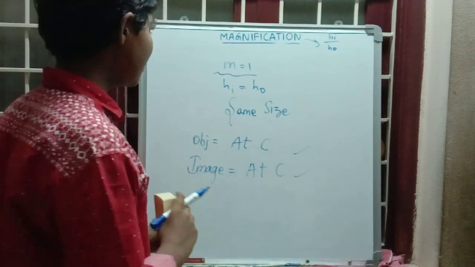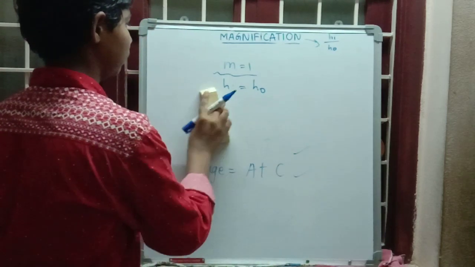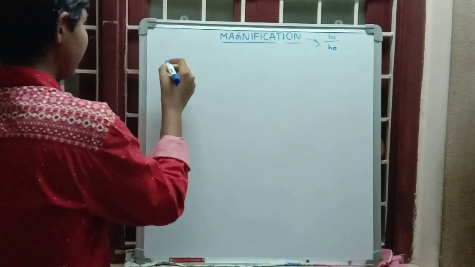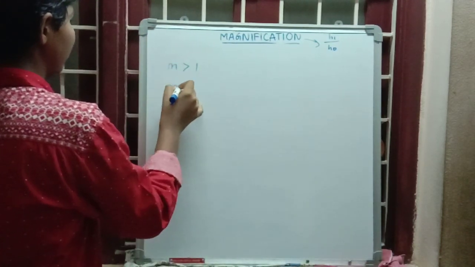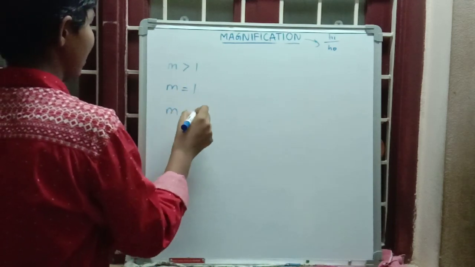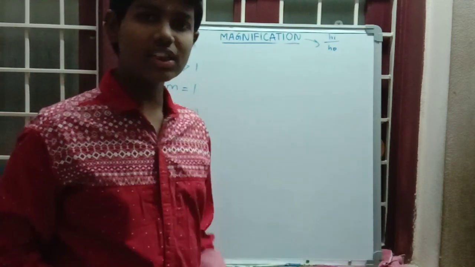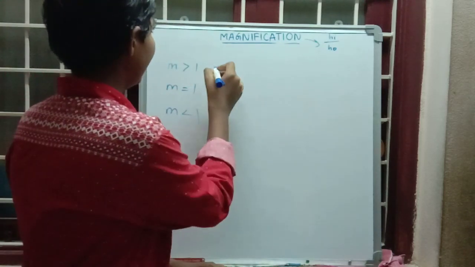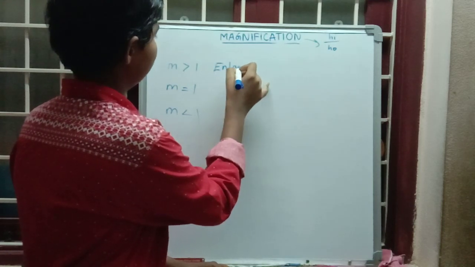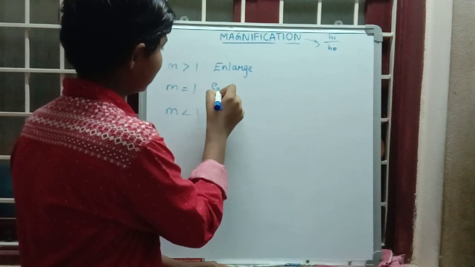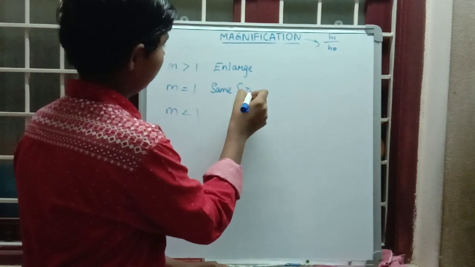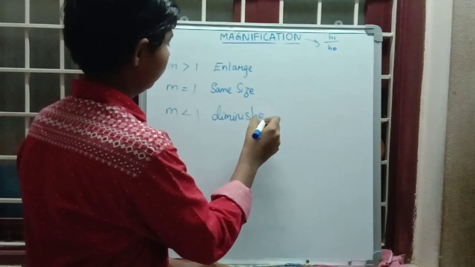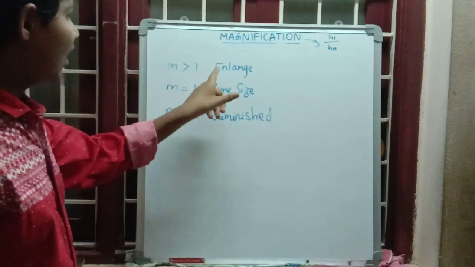So let's discuss the direct table, briefly. M greater than 1, m equal to 1, m less than 1. Here magnification is always image preference only. So greater than 1 means hi greater than ho: enlarge. Enlarge, same size, diminished.